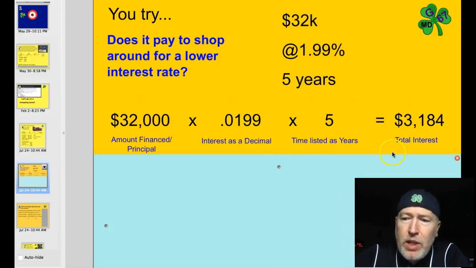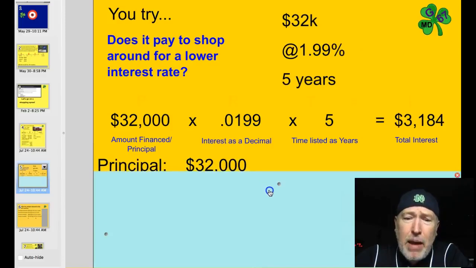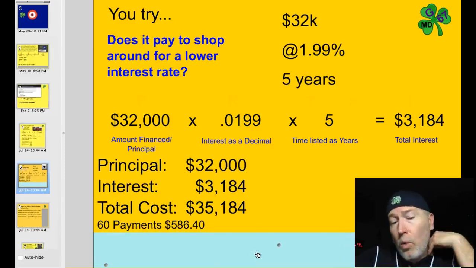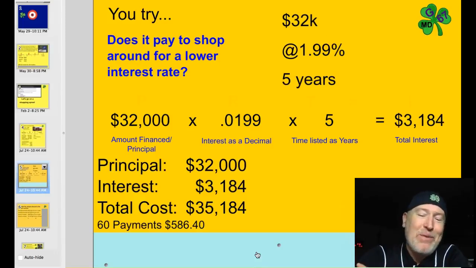Times the 5 years, the interest is only $3,184. It's less than a third. But think about it. Before our interest was 6%, now it's 2%. Of course, it's going to be a lot less. Look at the impact. There's your principal. Here's your interest. Total cost, $35,184. Sorry about that.